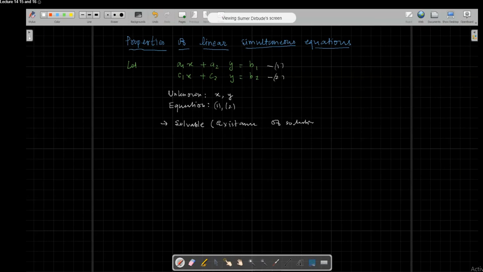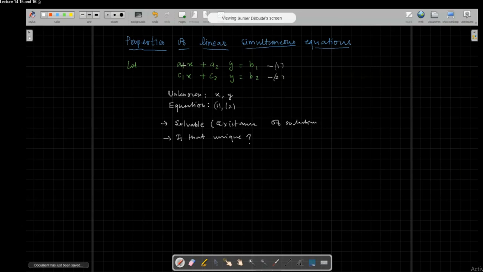Now, the other question is: is that solution unique? We are interested in a unique solution. Now, it depends upon the properties of these linear simultaneous equations themselves. Suppose we have these two lines.